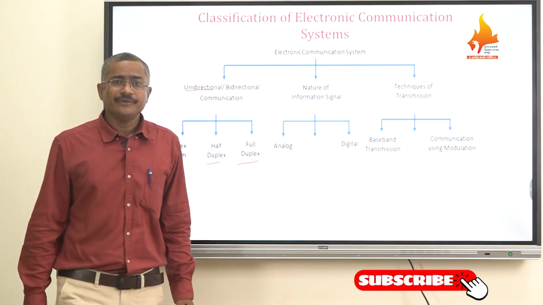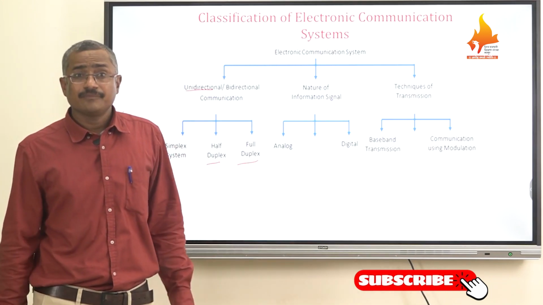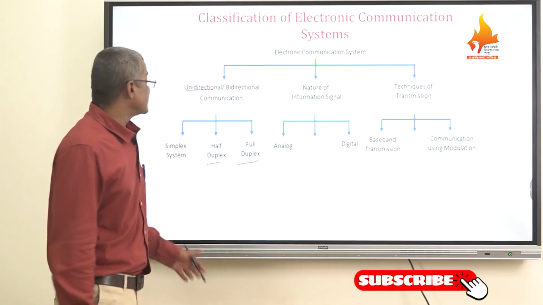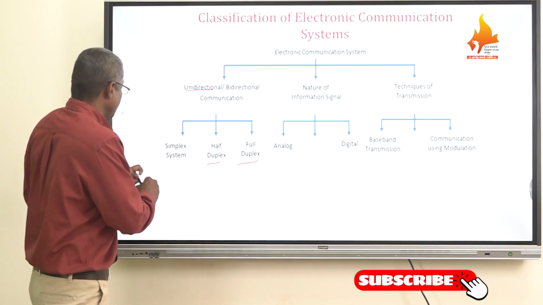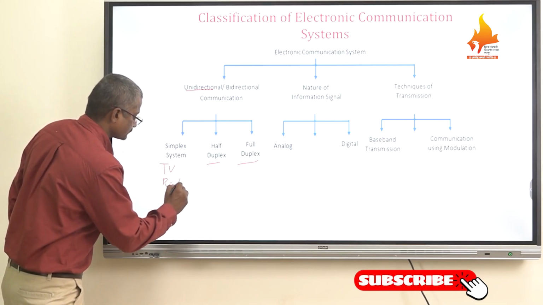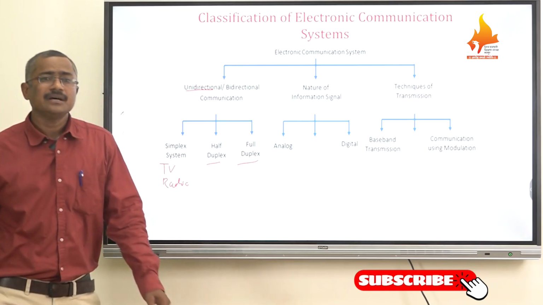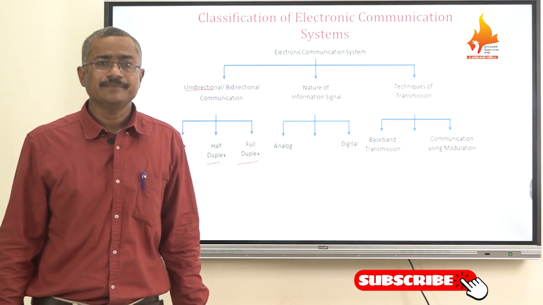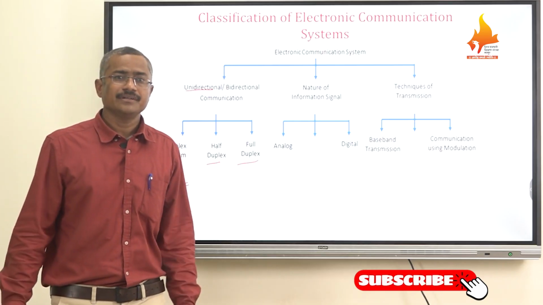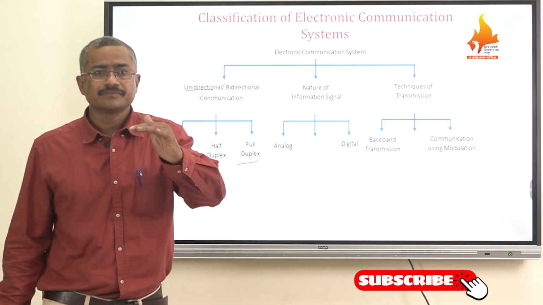For example, we receive signals from FM radio, we receive signals from TV broadcasting. This is an example of a simplex system, basically TV or radio. In this system, the information is communicated only in one direction.